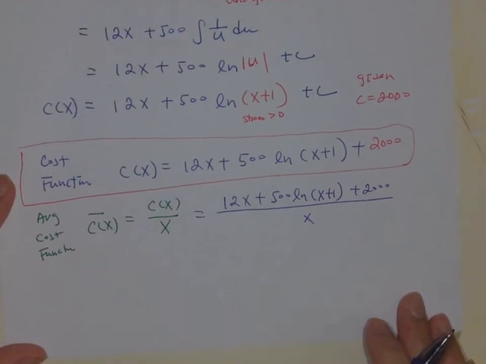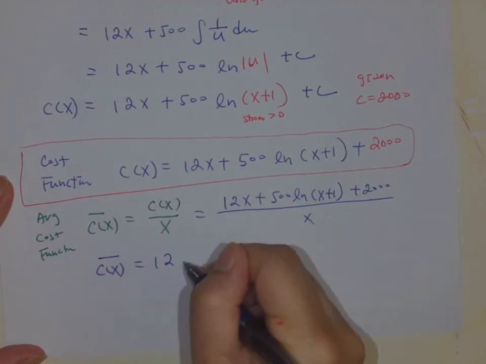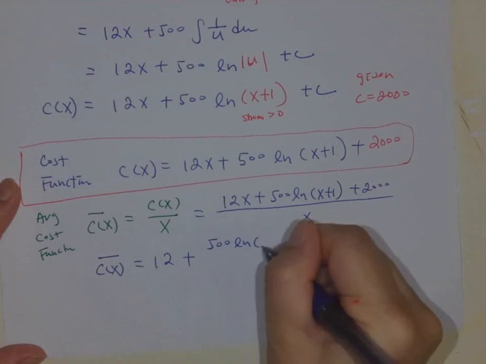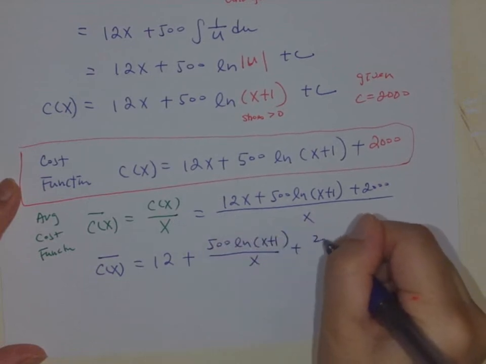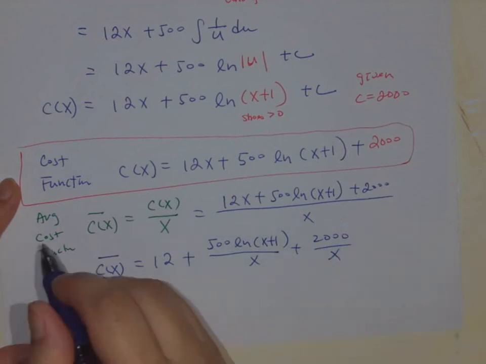So the average cost function equals 12 plus 500 ln of x plus 1 over x plus 2000 over x.